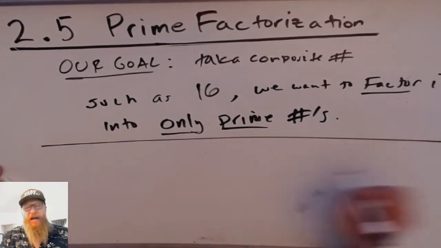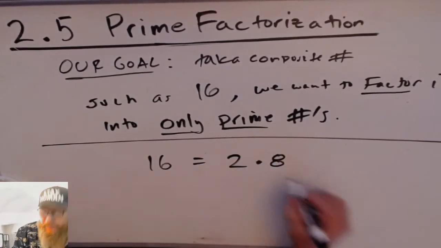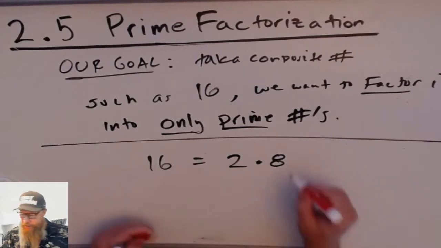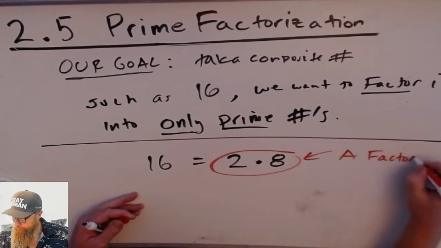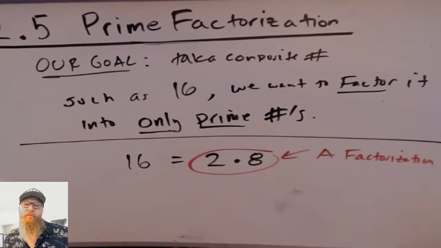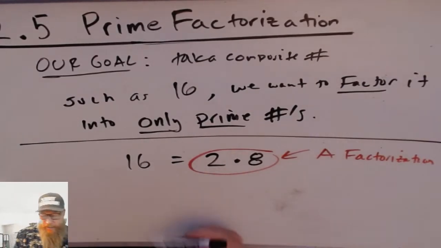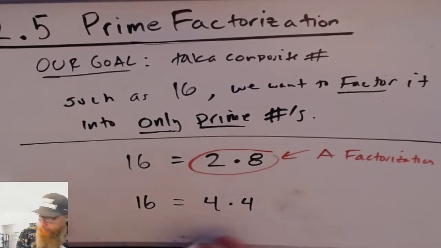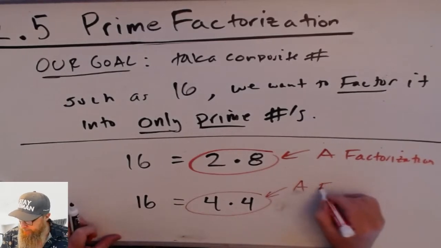So I could take 16 and say 16 is 2 times 8. This is called a factorization. I could say 16 is 4 times 4. This is also a factorization.